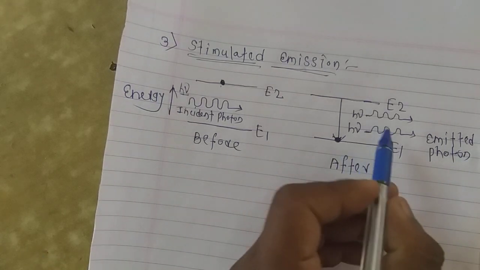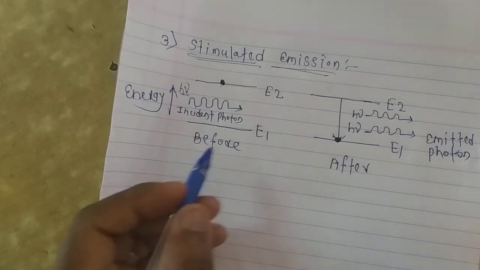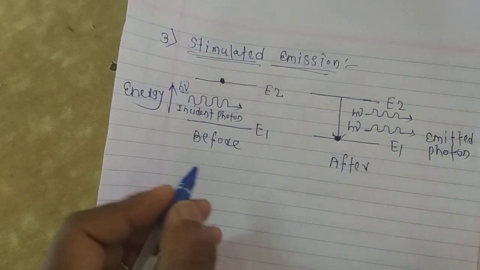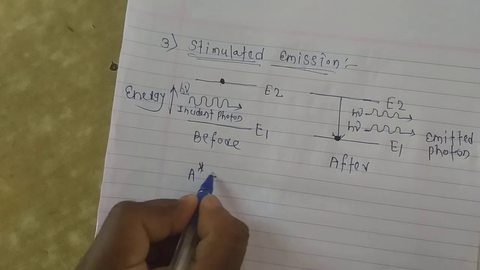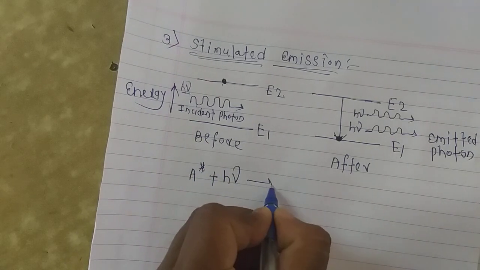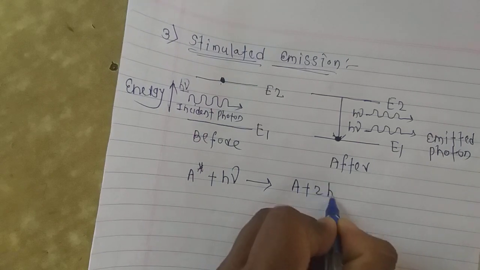The two photons emitted in that process are represented by the equation A star plus h nu tends to A plus 2 h nu.